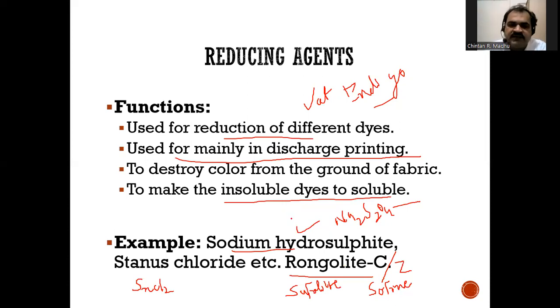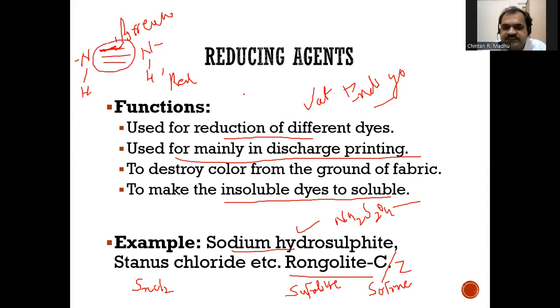Let us see how the reducing agent discharges the color. Suppose your dye has an azo group, which is showing red color. This discharging agent will reduce it and this bond will break. So now you have only a single bond and hydrogen will be added. As the color is shown by the double bonded structure, when you destroy one bond, it will ultimately become colorless.